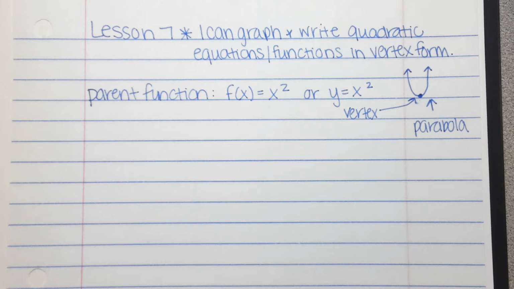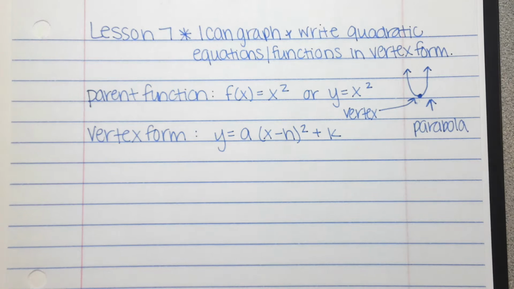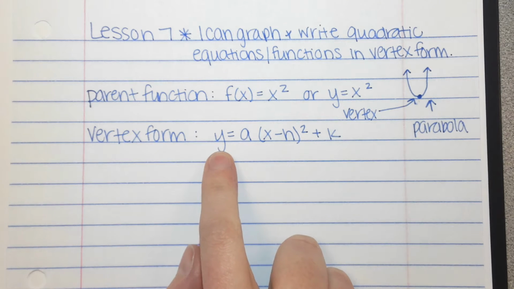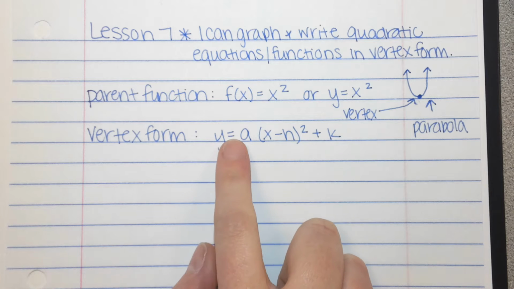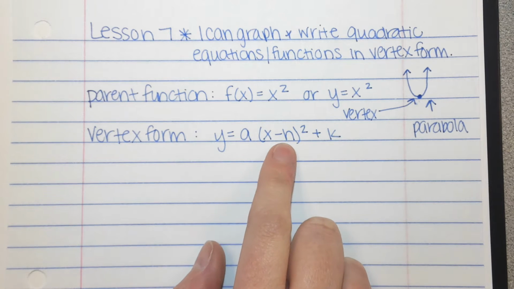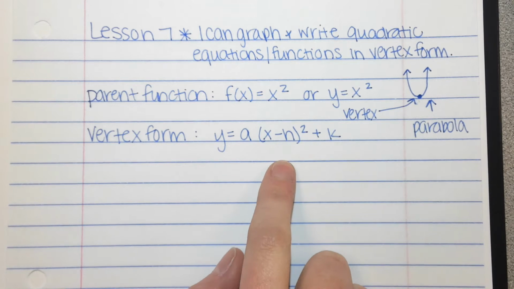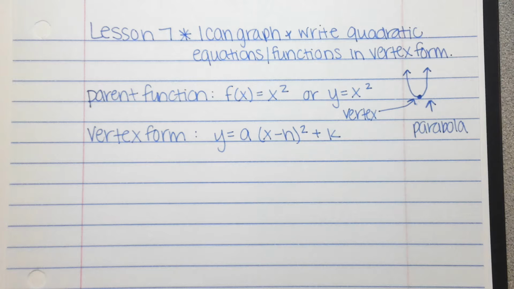Okay, and it should look a little bit familiar to you. Okay, here is the vertex form, and I'm using y. I'm using the equation notation just because that's what you're used to seeing most of the time. So y equals a times the quantity x minus h squared plus k. That looks very similar to point slope form that we worked with back in the first trimester, and we really focused on point slope form.